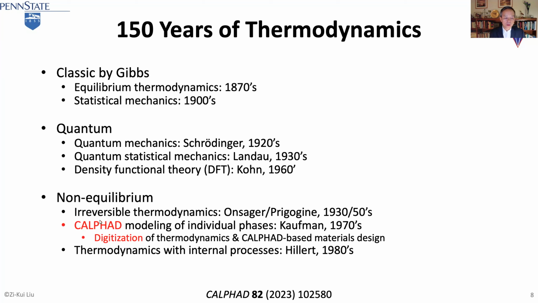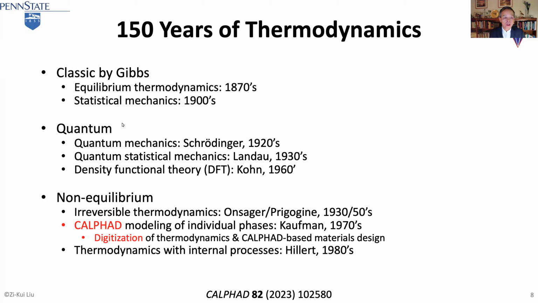So the non-equilibrium system was developed as another branch, different from the equilibrium thermodynamics, by Onsager and Prigogine in the 1930s and the 50s. I want to emphasize that in the 1970s, the CALPHAD method was developed.